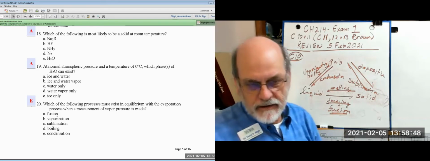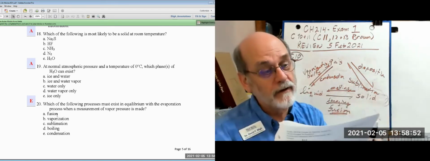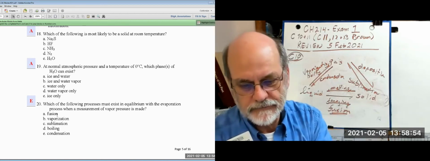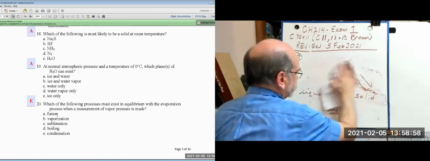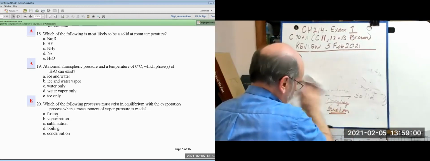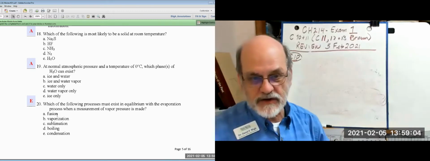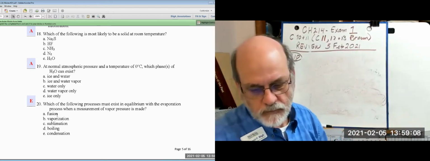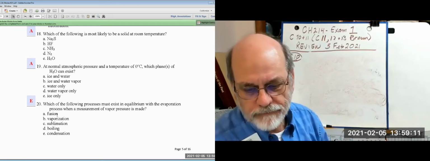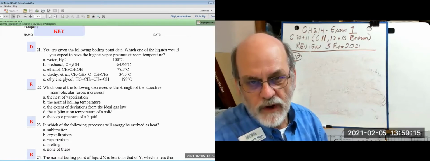Okay. So now let's move on before I completely run out of time. I have a sneaking suspicion I'm going to run out of time anyway, so I'll just keep going. 21. You're given the following boiling point data.